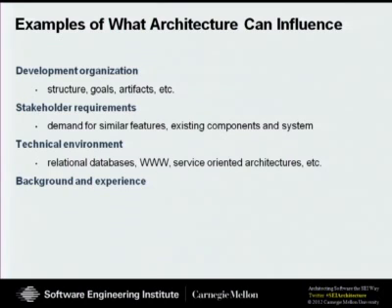Architectures can influence the technical environment. A lot of times an architecture, or something that will have a really big impact on an architecture, comes along and will be in the technical environment and influence many systems for years and years to come. So let's just take a fairly recent example, the World Wide Web.